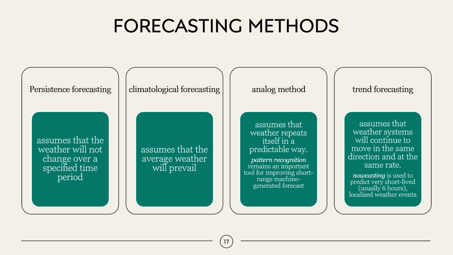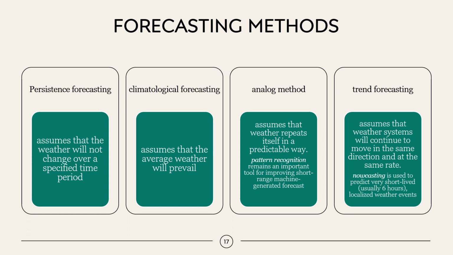Because weather events tend to increase or decrease in speed and intensity or change direction, trend forecasting is most effective over periods of just a few hours, particularly well for forecasting severe weather events that are expected to be short-lived, such as hailstorms and tornadoes, because warnings for these events must be issued quickly and must be site-specific.